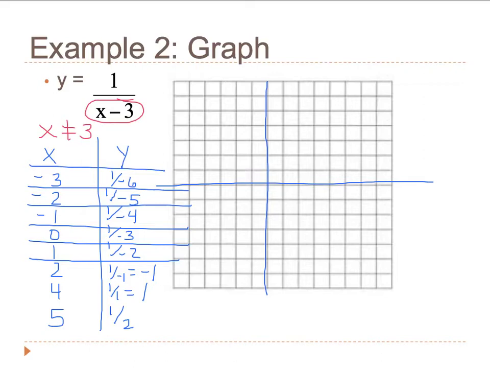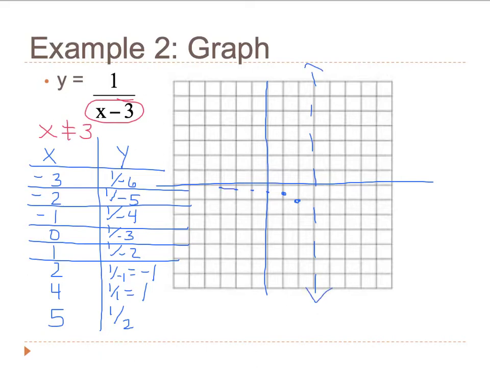So I can try to graph the point -3, -1/6, -2, -1/5, -1, -1/4, 0, -1/3, 1, -1/2, 2, -1. 3 is what we call an asymptote, when x is equal to 3.